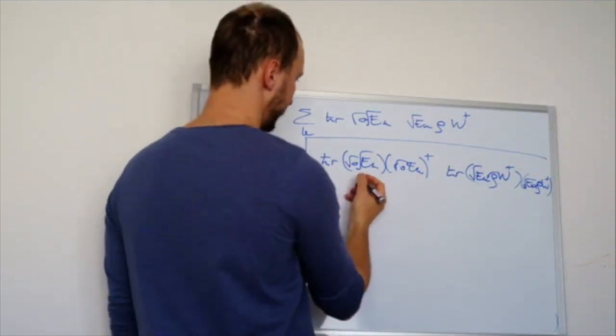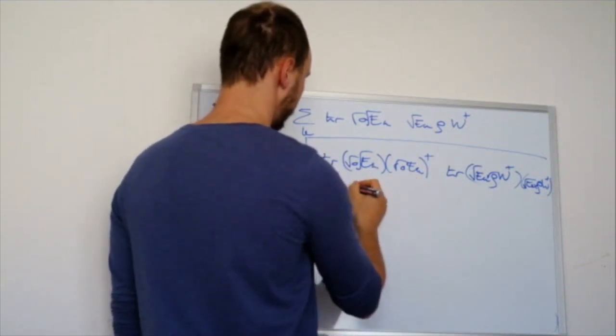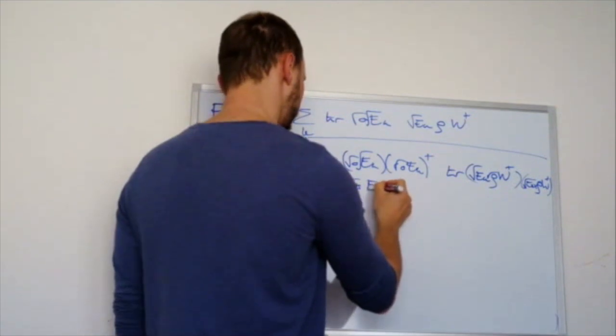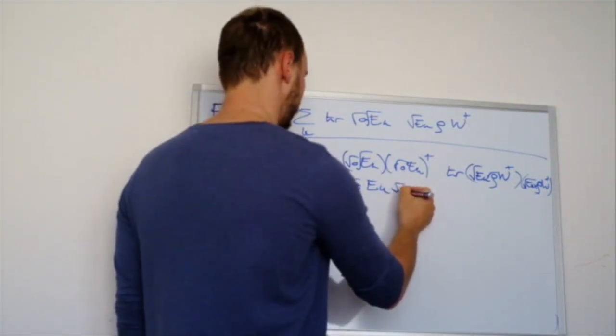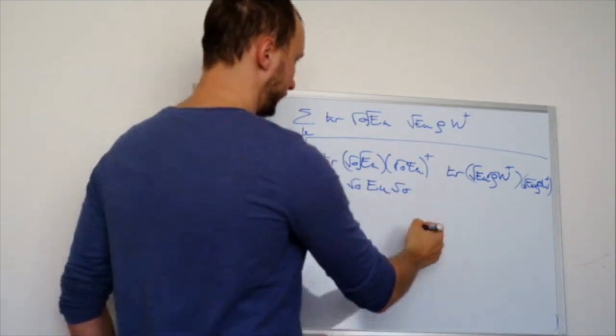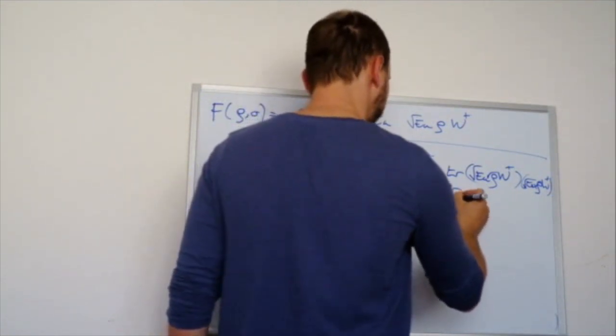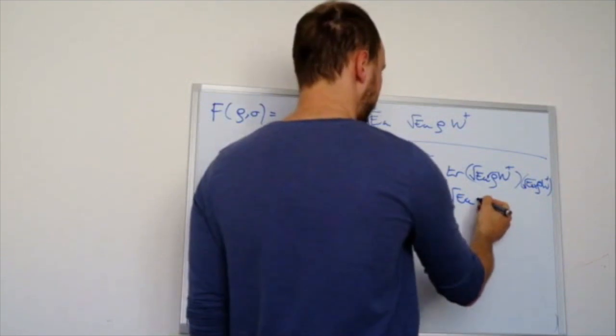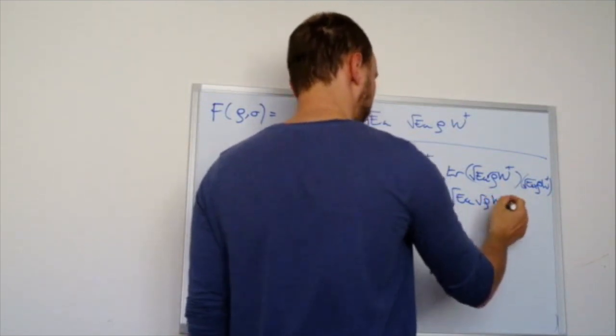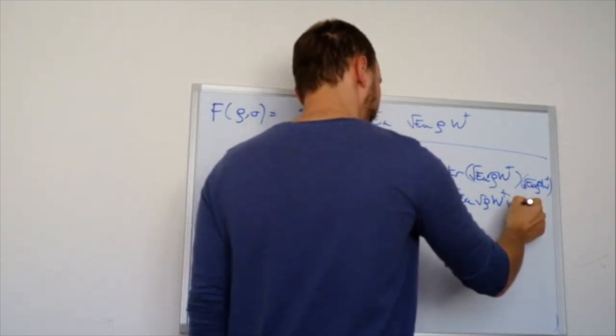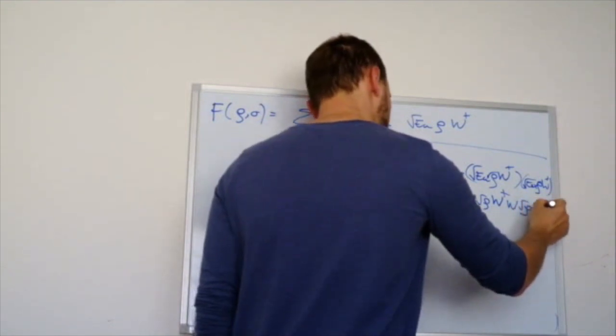Now just open these things. We get the trace of square root of E_K sigma, and here the trace of square root of the POVM element, rho W dagger W, square root of rho.